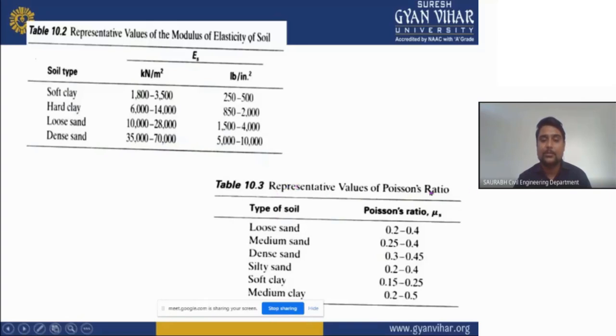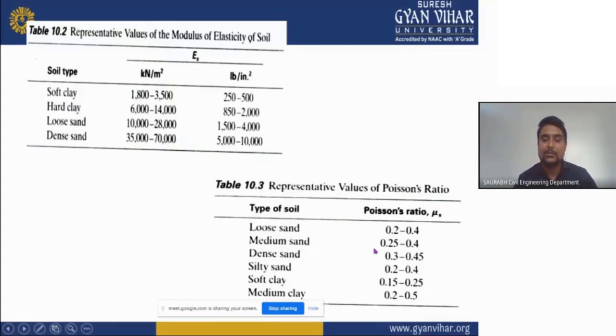And if you see the Poisson ratio of this soil, you will get these things from this table, and by putting in the values you can easily find the answer by solving that equation. Mu S, Poisson ratio, is given here. Loose sand will be between 0.2 to 0.4.